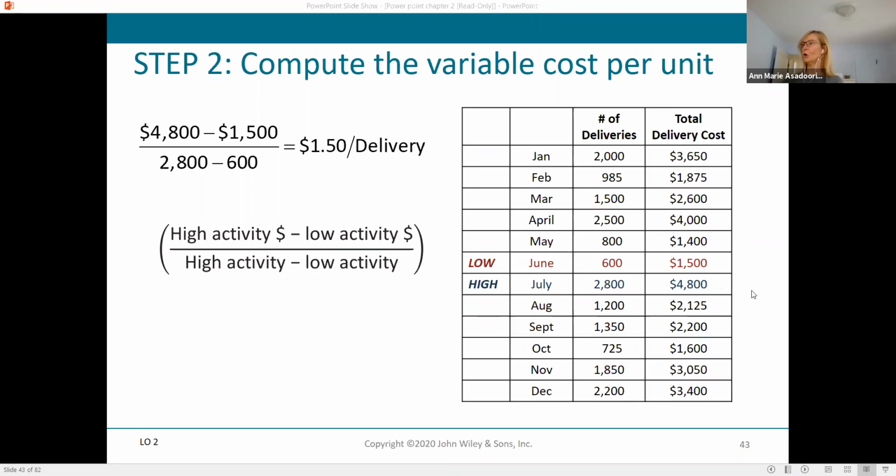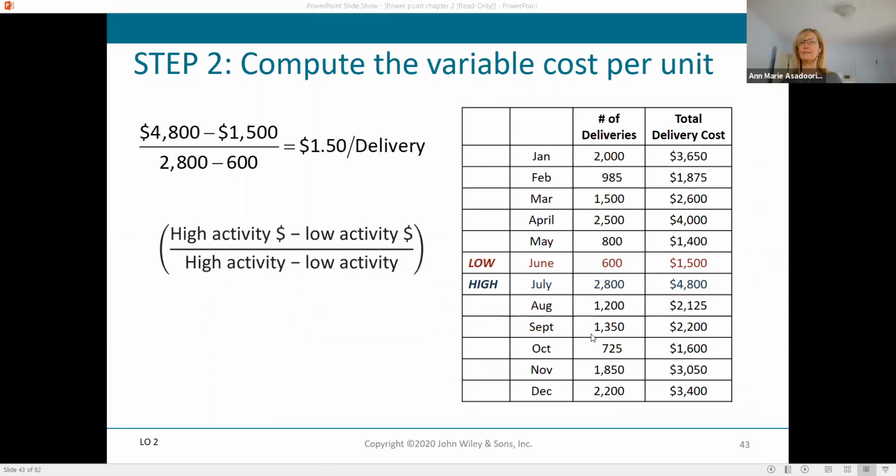Okay, so I have my slope, and I'm trying to predict what this mixed cost is going to look like in the future. What do I want next? If I know my variable cost per unit now, what do I want next? Adam? Your fixed cost.